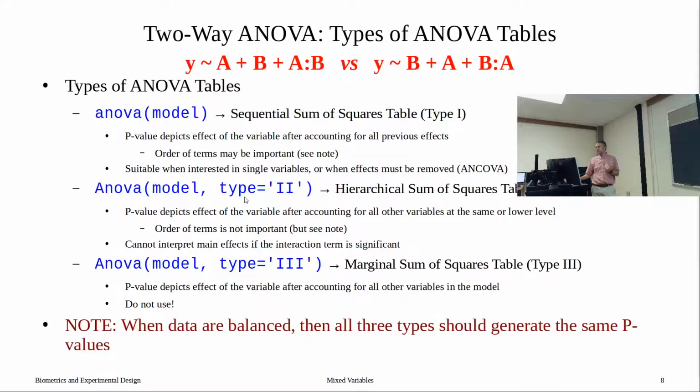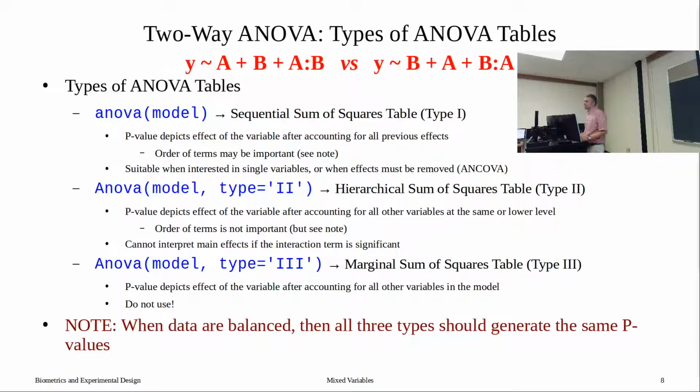This type 2 table is going to be the one that we typically use because we're trying to figure out which terms we can remove and drop from our model. It's a form of model simplification, and again, we'll talk about it. Catch: if we have a significant interaction, we cannot interpret those main effects. We'll come back to this and see it.